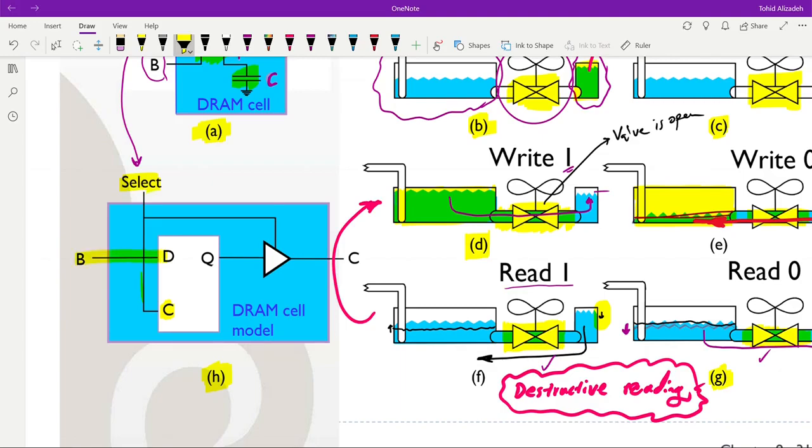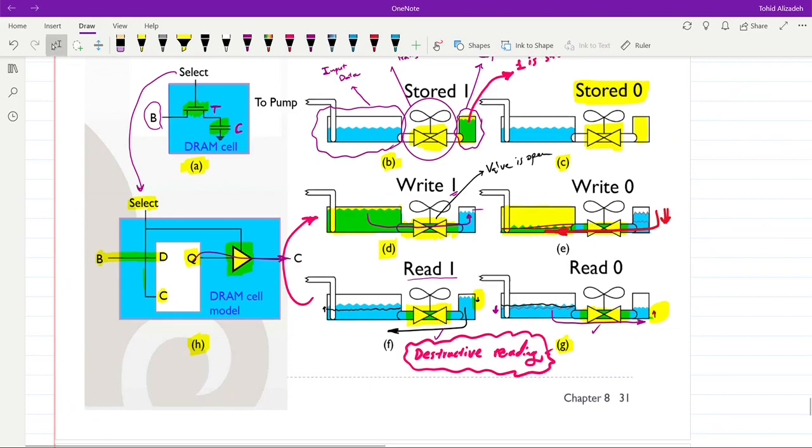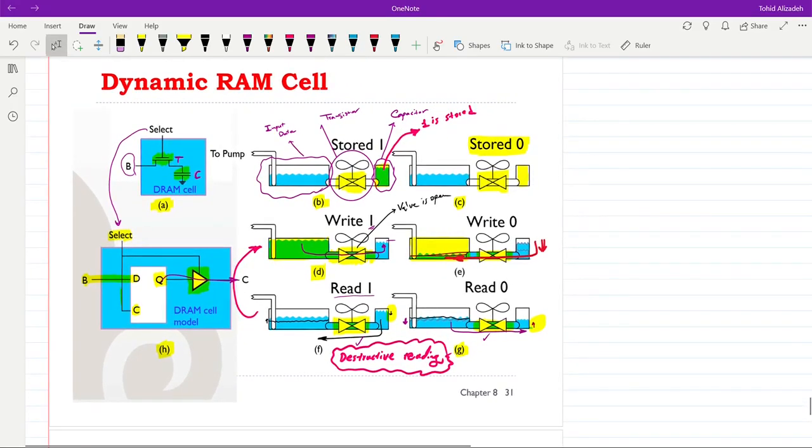It receives data input through the B channel, and then we have a three-state buffer here to pass the value which is stored in the latch into the outside world, and we do it through the three-state buffer in order to be able to connect the output of multiple cells to each other. Okay, so I hope this has given you some understanding in terms of how the dynamic RAM works and why we need to restore the information after doing the reading.